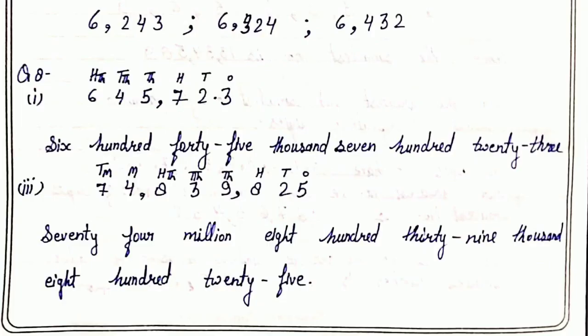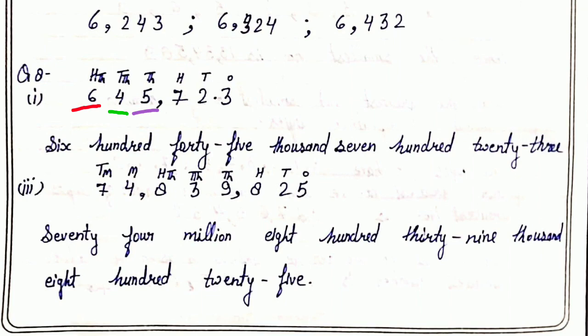See here, as you can see on the screen, two parts are mentioned, first and third. So first we write all the digits that are given, and then we mention place value according to the international system. So now here you can see 6 is in the 100,000 place, 4 is in the 10,000 place, and 5 is in the 1000 place.